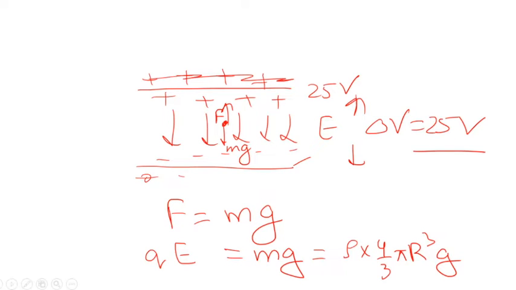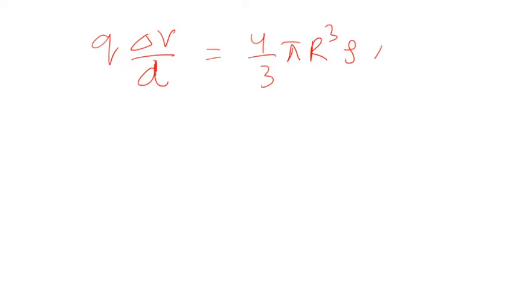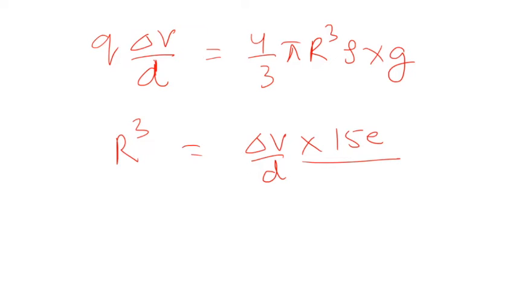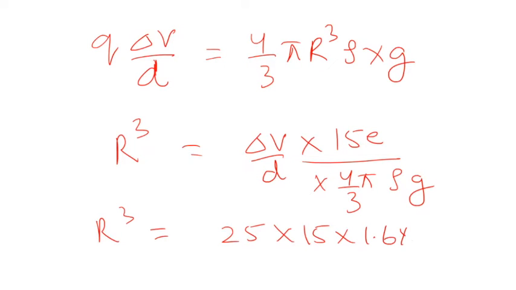E you can write as delta V by D, the change in voltage divided by the distance between the electrodes. So r cube is equal to delta V by D times 15e, divided by 4 by 3 pi rho g. So you put in all the values: this is 25, this is 15, this is 1.6 into 10 to the power minus 19.